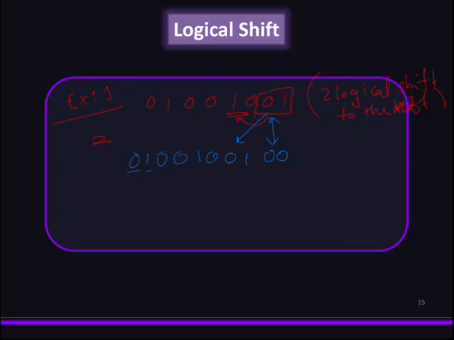So 1 2 3 4 5 6 7 8. Oh my bad, not this number, my bad. 1 2 3 4 5 6 7 8. This is the number. After putting this number, we can put these two things over here.